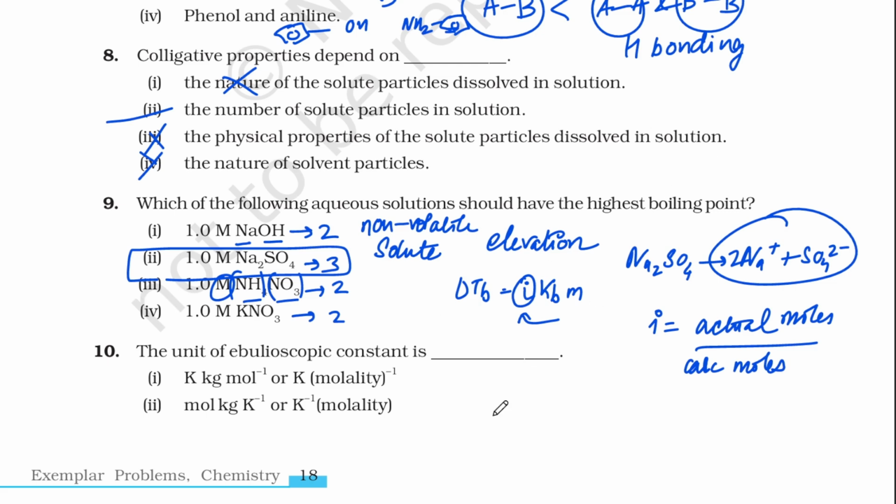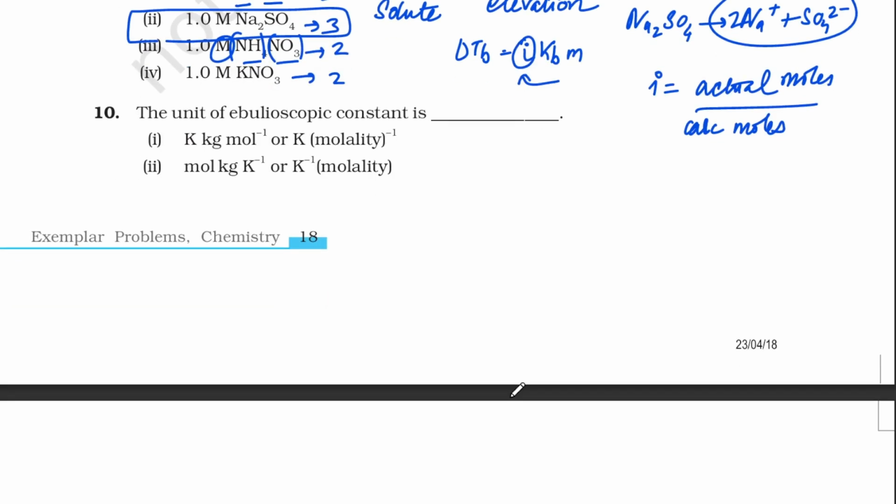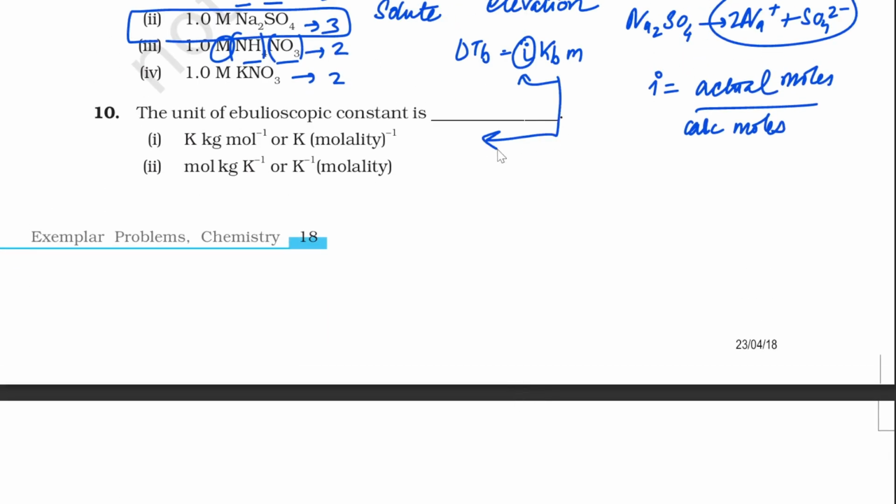Okay. What is the unit of ebullioscopic constant? पहली बात, ये ebullioscopic constant होता क्या भला है? Well, right here, this KB is ebullioscopic constant. बढ़िया सा नाम. If you look at this, KB should have the units of delta TB by m. मतलब temperature ऊपर होना चाहिए, molality नीचे होनी चाहिए. This is mole per क्या?